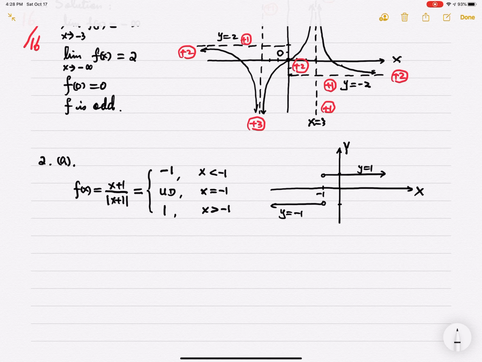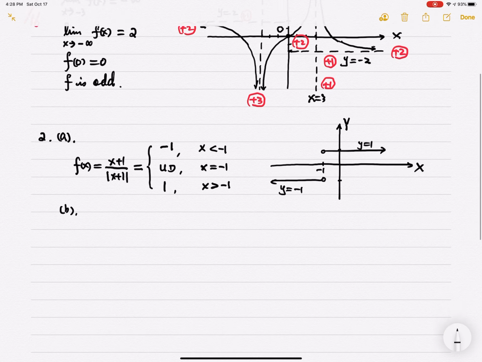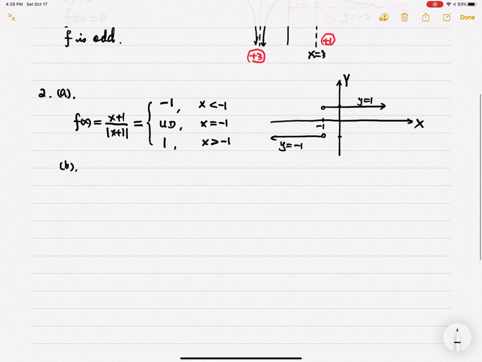Okay, that's part A. Now part B asks you, does the limit exist? And then you need to say the reason. We say the limit exists at a point if the left side limit and right side limit both exist and are equal to each other. Now you look at it when x goes to -1 from the left hand side, this is equal to -1.